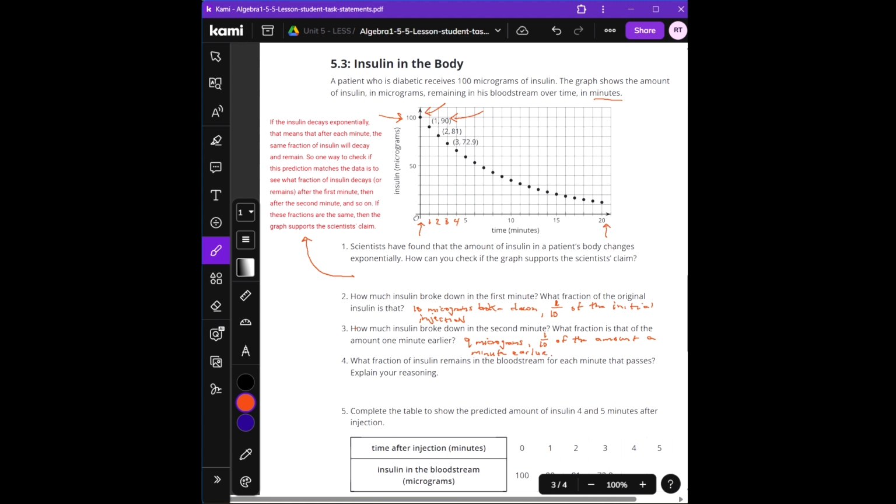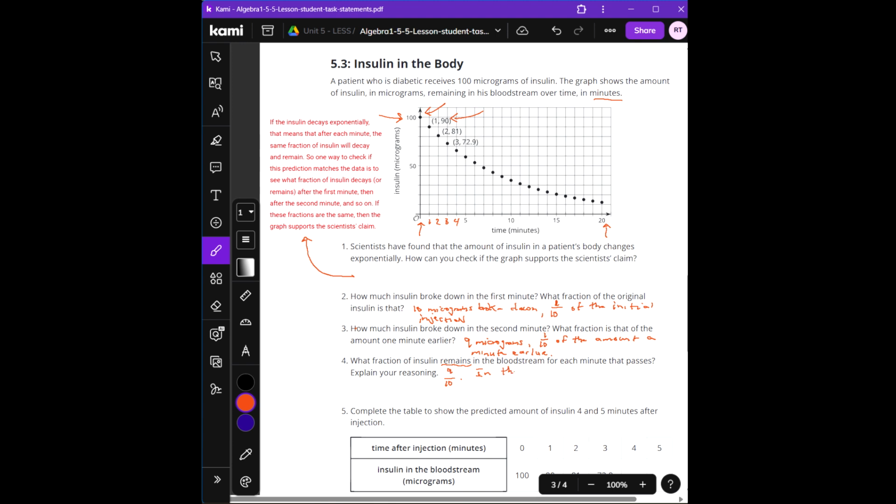Okay, so what fraction of the insulin remains in the bloodstream for each minute that passes? Since 1/10 is broken down, what is remaining is 9/10.